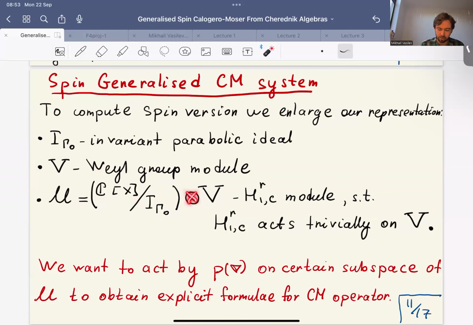We enlarge it with a module of the Weyl group. Altogether this is a module for the rational Cherednik algebra, where we insist that the Weyl group algebra acts trivially here and all the action is here. Then we want to act by symmetric polynomials of Dunkl operators on this space, and by this action obtain explicit formulas for generalized spin Calogero-Moser operators.